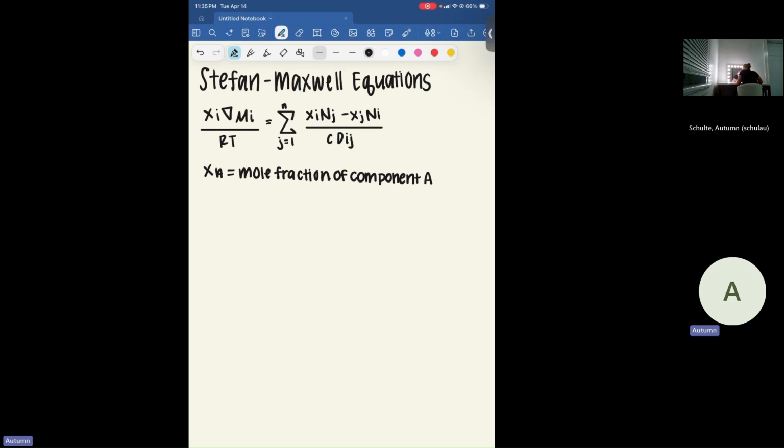Then you'll see we have this upside down triangle and then a mu sub i. This upside down triangle will always tell us that there is a gradient. And our mu sub i term represents the chemical potential. So putting those together, this is the gradient of chemical potential.